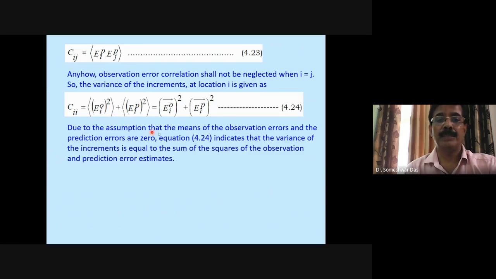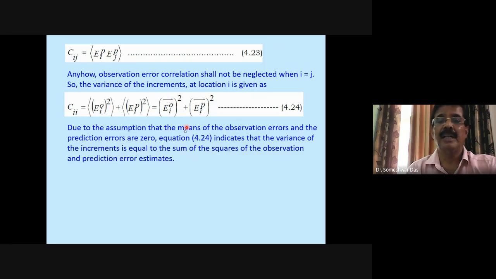Due to the assumption that the means of the observation errors and the prediction errors are 0, this equation indicates that the variance of the increments is equal to the sum of the squares of the observation and prediction error estimates.